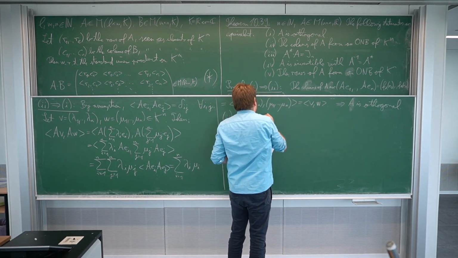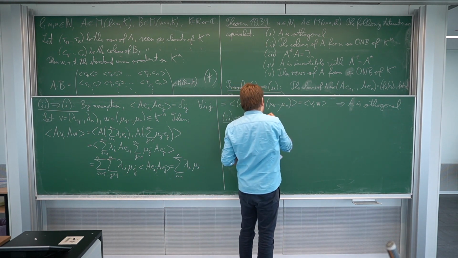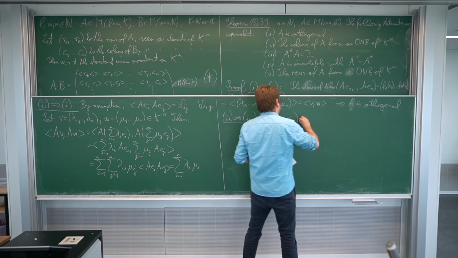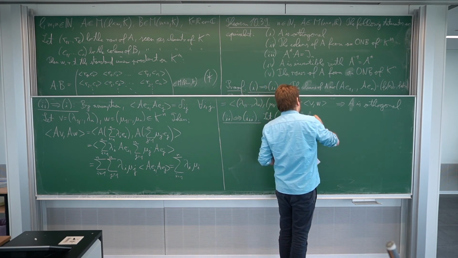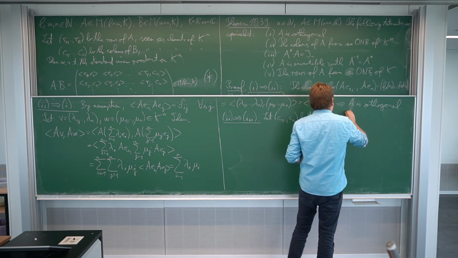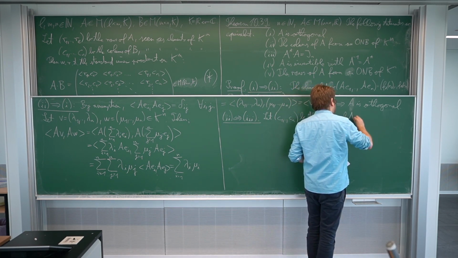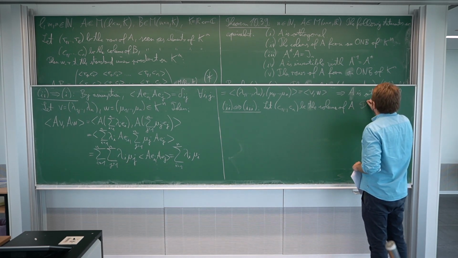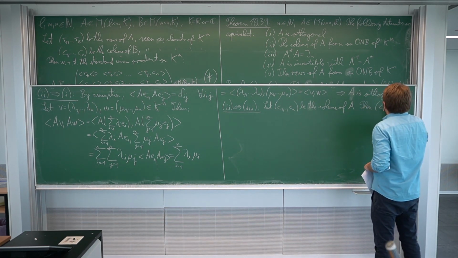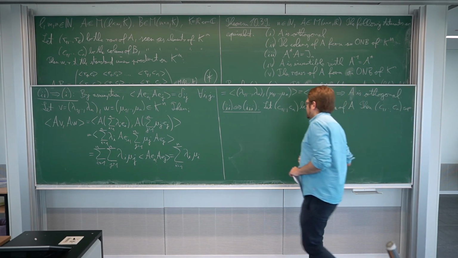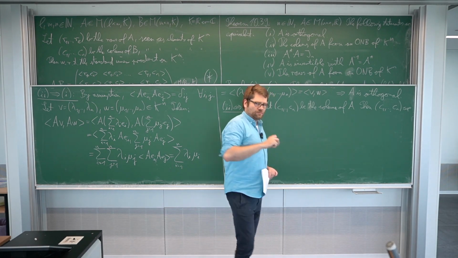Now, let C1 to Cn be the columns of A. So let's now do shorthand notation. Columns of A. Then C1 to Cn, if we now consider the transpose here, we know that the columns of the one become the rows of the other.